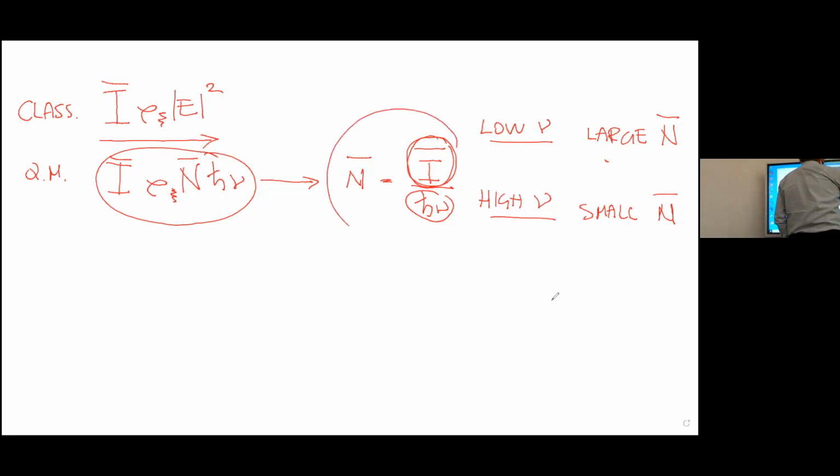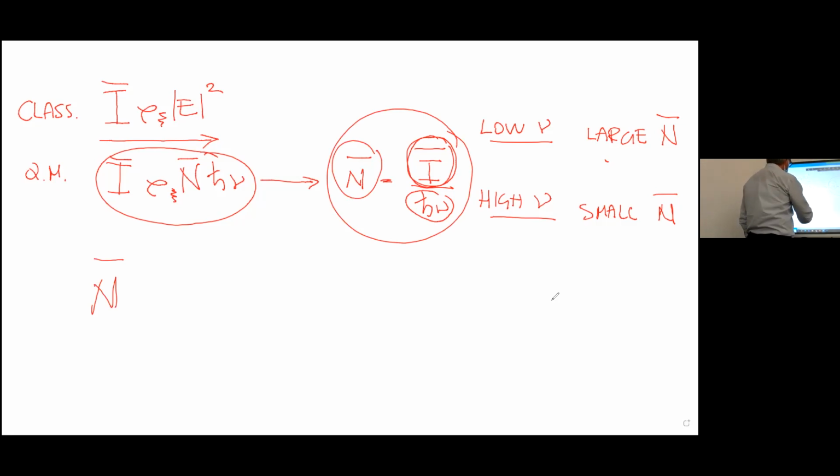So the average number of photons is the average intensity divided by h bar ω, but the frequency is connected to the wavelength. We know that, remember, wavelength is in vacuum the propagation speed divided by the frequency.